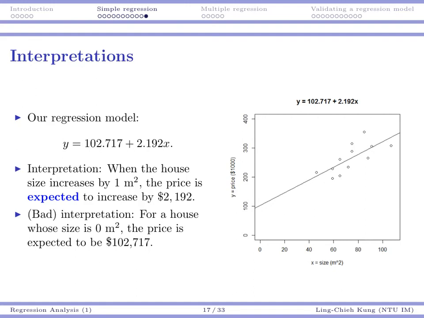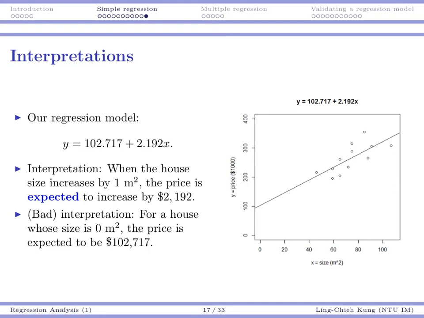Some observations here. First, when the house size increases by 1 square meter, the price will be expected to increase by around $2,200. Okay, this is what we got from the formula.